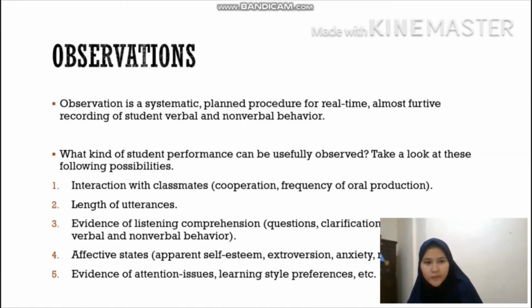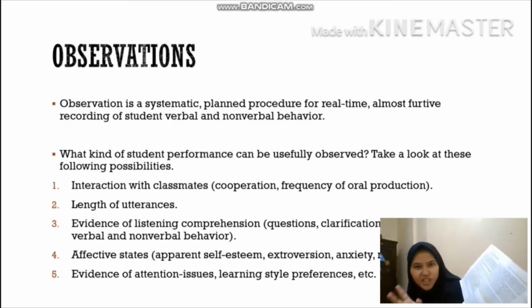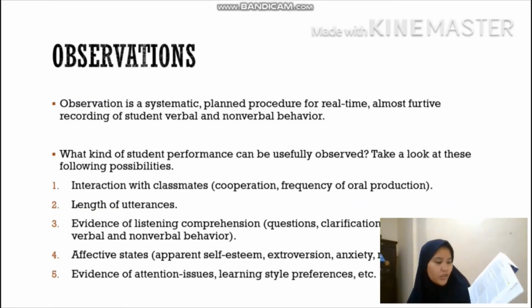Please take a look at the column di bawah pada halaman 267. Di sini adalah potential observation, these are the kinds of student performance yang bisa di-observe.